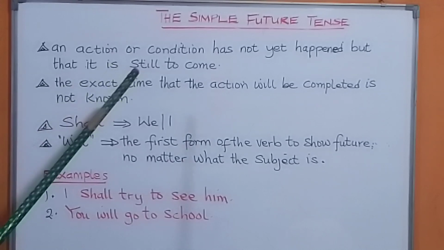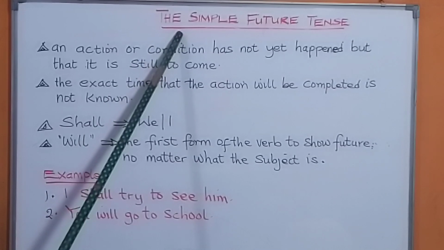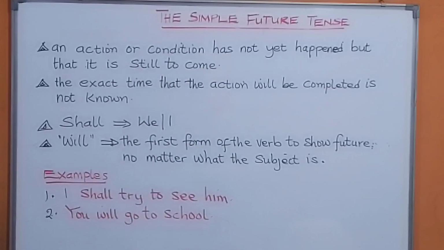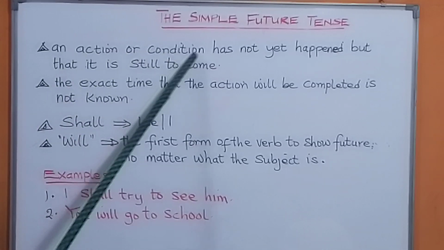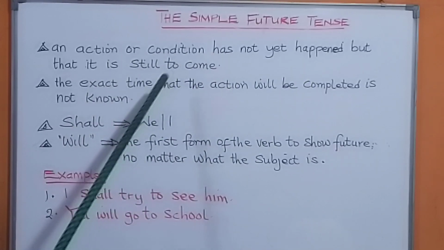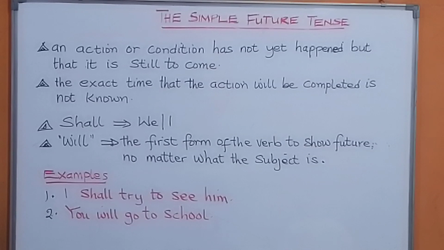Now we're going to take our series on the simple future tense. What are the things that you need to know in this particular tense? You have to know that simple future tense talks about an action or condition that has not yet happened, but is still to come.